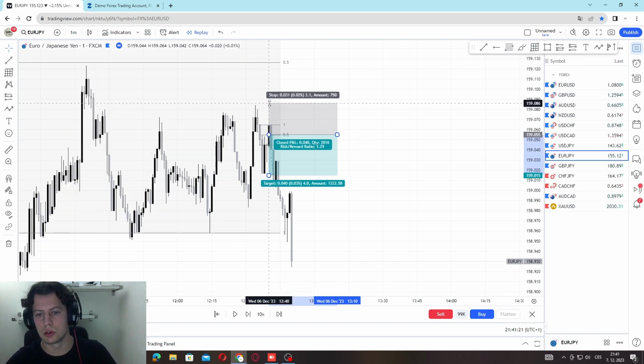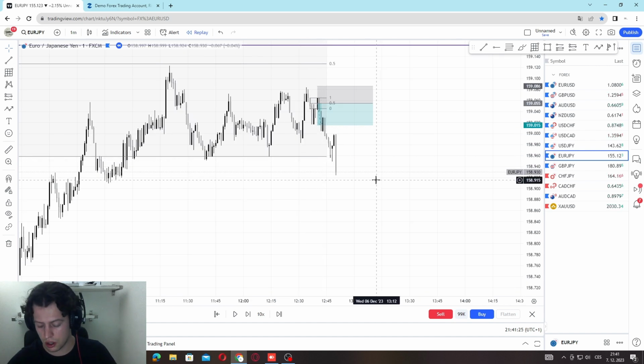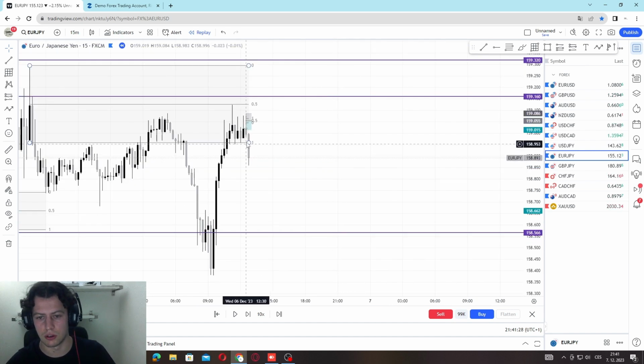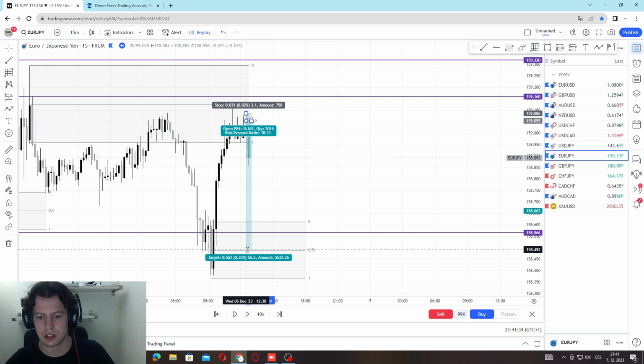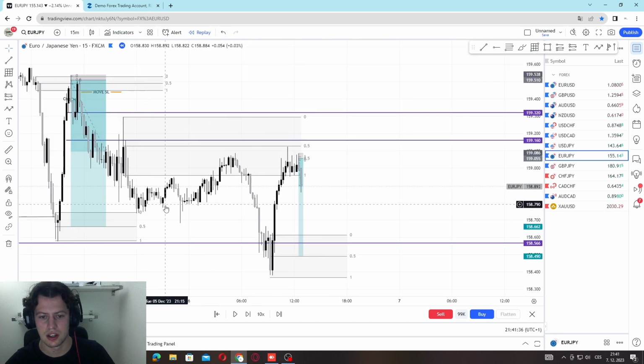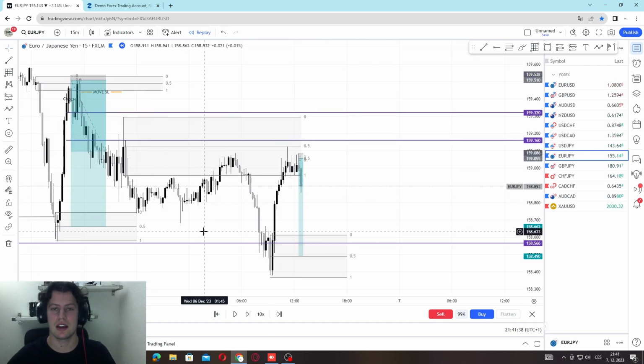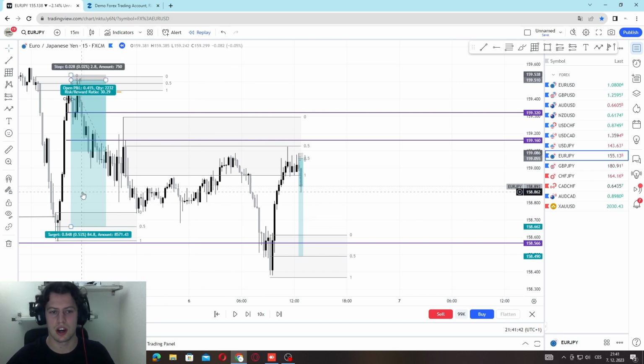I would go this way, 3.1 pip stop loss, where we are targeting on a 15 minute, so it's this demand zone. Also this is 18%. We have also this, and as I mentioned, what about the 1 hour? We are in this trade.